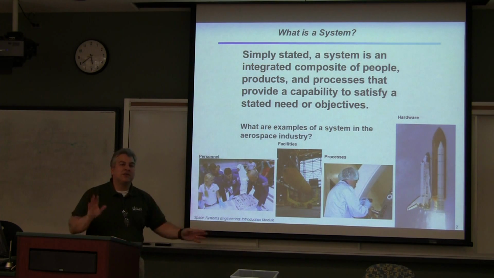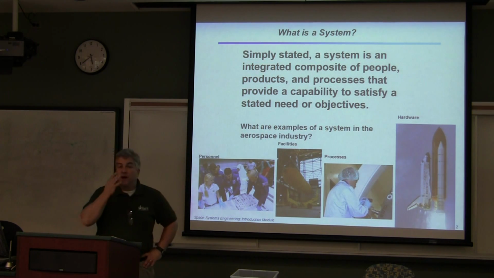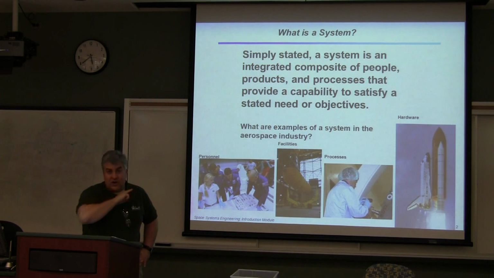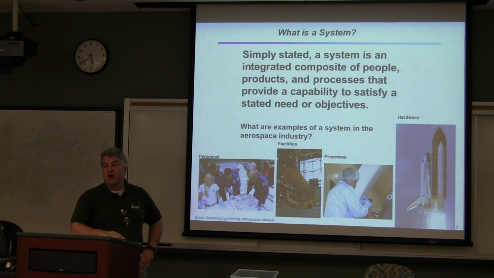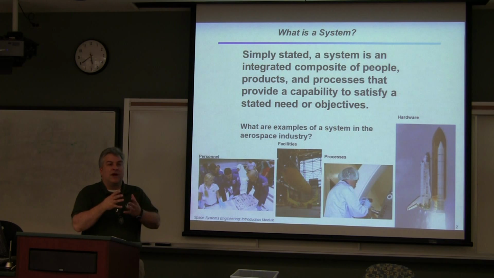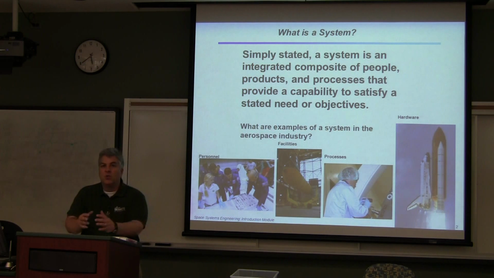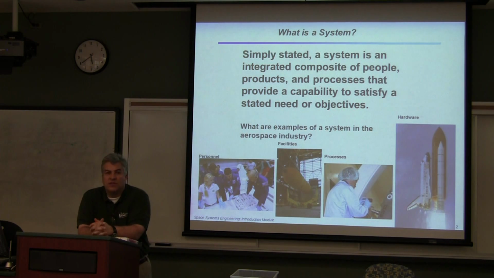So if you think of any other types of systems that you have, well, that right over there is a camera. You can think of that as a single aspect of a system, that being a device that you can sell or buy. When I worked in the cell phone industry, we had to look at everything associated with the cell phone.